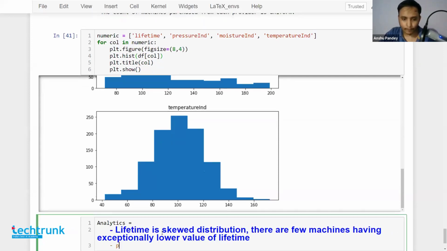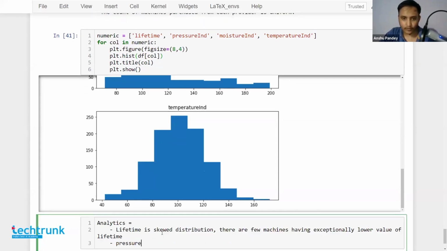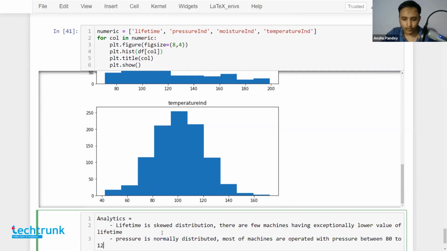Then it was pressure. Pressure is normally distributed. Most of the machines are operated with pressure between 80 to 120.